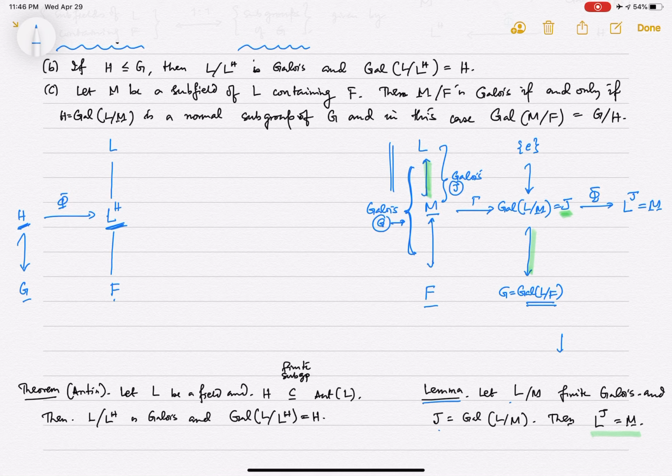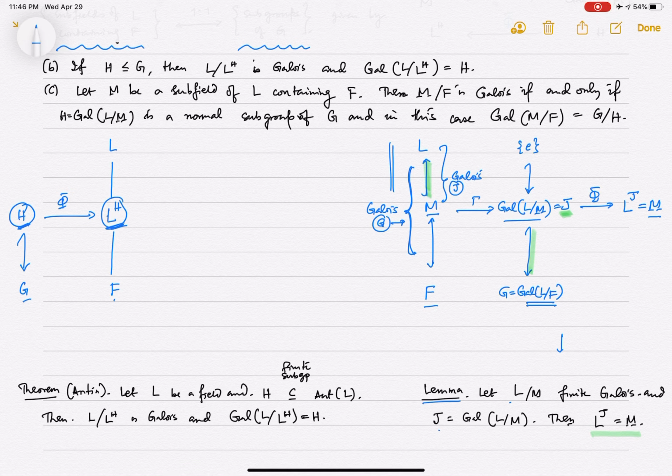So if you start with M, go to the subgroup and take the subfield corresponding to that subgroup, you just get the subfield that you started with. That's rather straightforward.